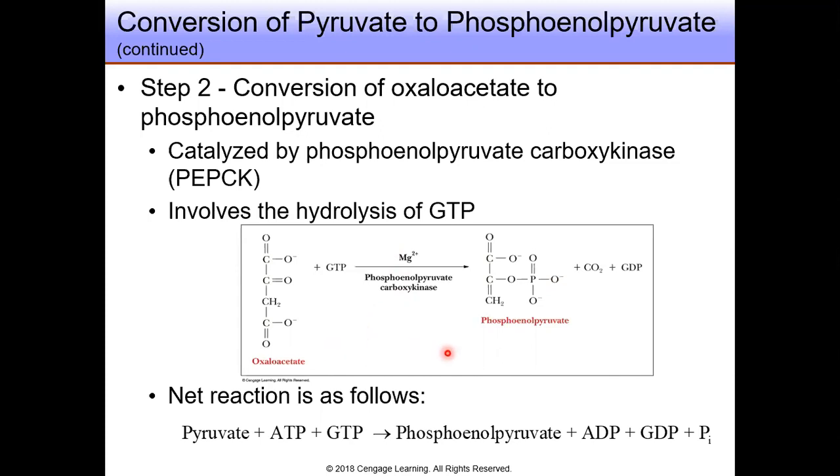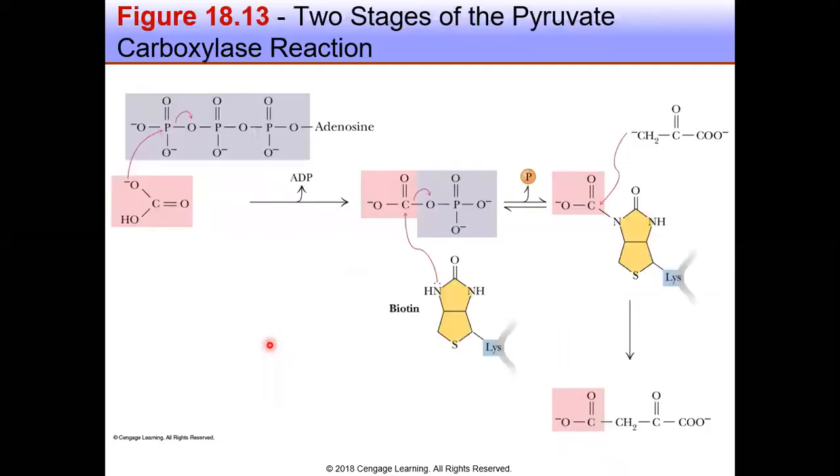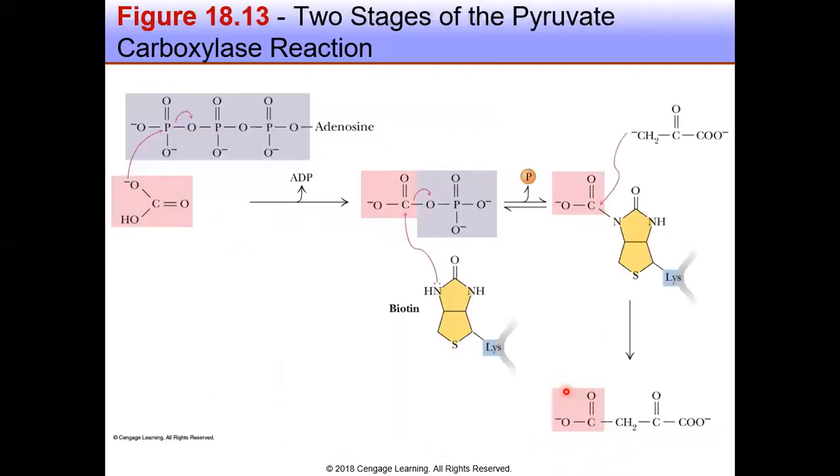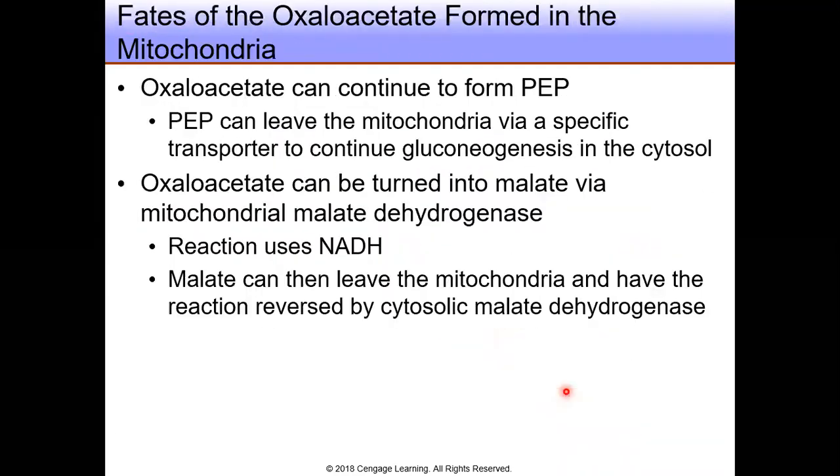Now, if we go back here, this oxaloacetate that is formed in mitochondria can have two fates with respect to gluconeogenesis. What are these fates?